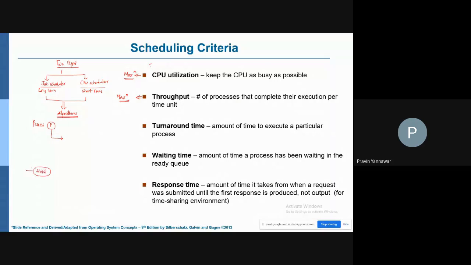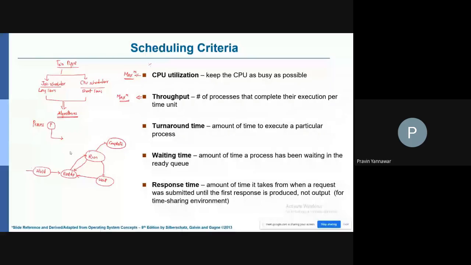One state is called hold, the next state is called ready. Then from ready we shift to run. From run, if there is any request, we come to the wait state. From wait we come back to ready. If there is no IO, the process shifts between ready and run, and once it finishes its task, it is complete.